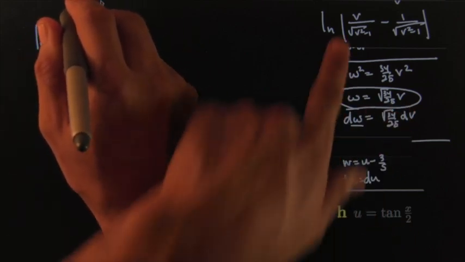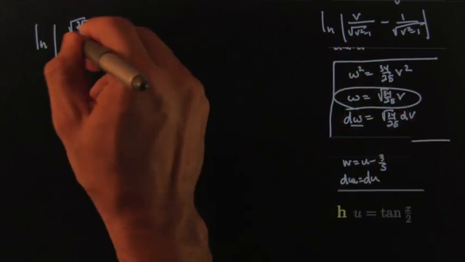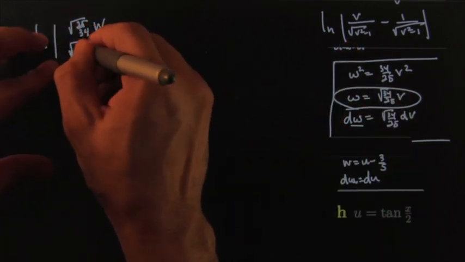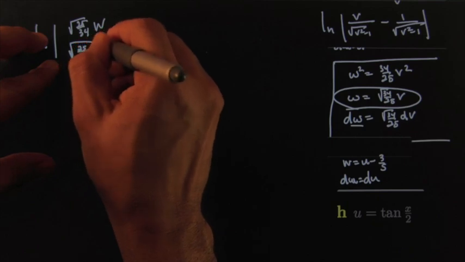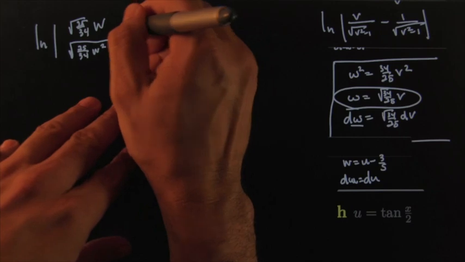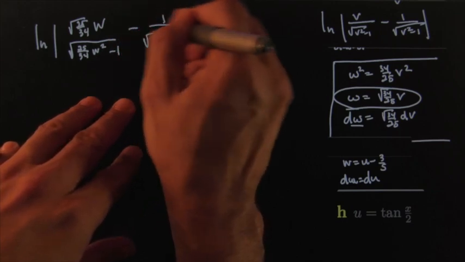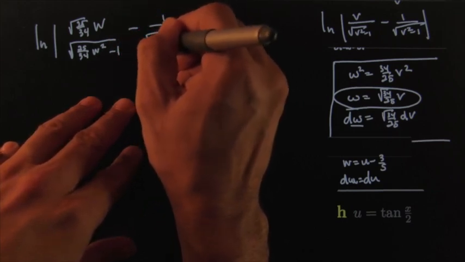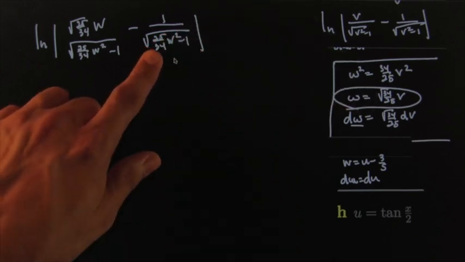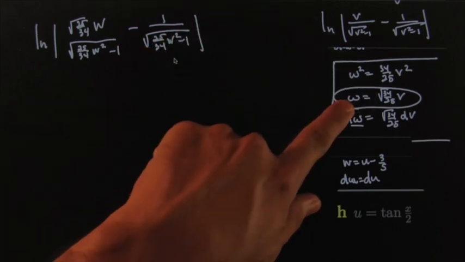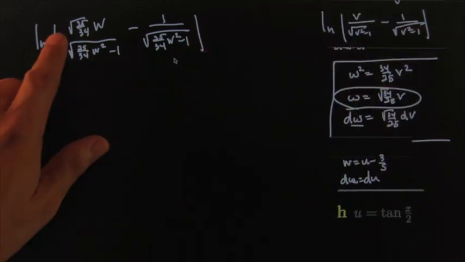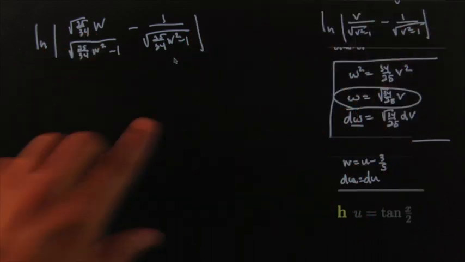And then I have the square root of v squared, which would be 25 over 34 w squared, minus 1, over the square root of 25 over 34 w squared minus 1. That's what it looks like with w's. And now I've got the v's out of the way. I've got w's. I want to go for u's now. So wherever I see w, I'll substitute it in terms of u.